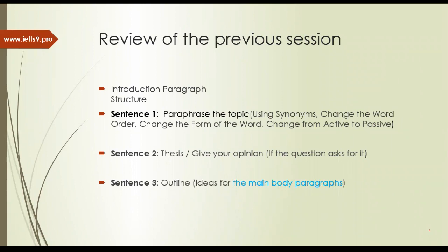Sentence 3, which I recommend, always give an outline sentence, as in what are your 2 main ideas for the paragraphs. What you don't want is, "This essay will discuss both views, I will give reasons in the following paragraphs." That's no good. Simply outline your 2 main ideas, what you intend to say.